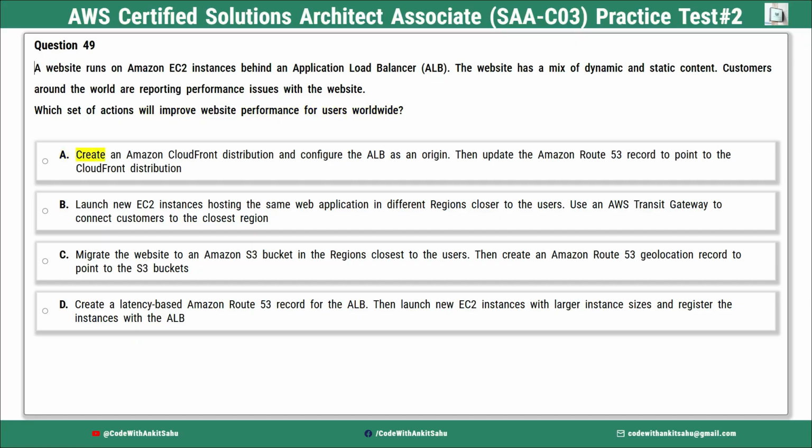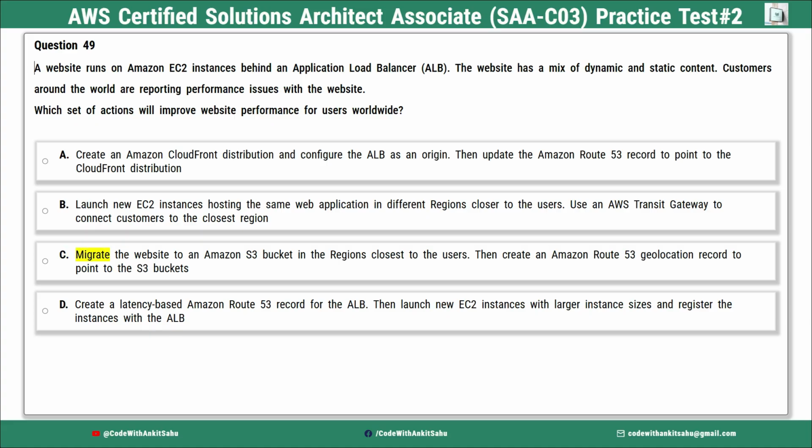Option A. Create an Amazon CloudFront distribution and configure the ALB as an origin. Then update the Amazon Route 53 record to point to the CloudFront distribution. Option B. Launch new EC2 instances hosting the same web application in different regions closer to the users. Use an AWS transit gateway to connect customers to the closest region.